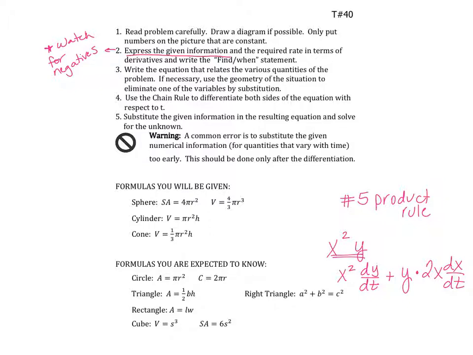Number 5 is not that, the formula is not that hard, so I didn't want to do the exact one, but my hint to you is on number 5, you need to do the product rule.